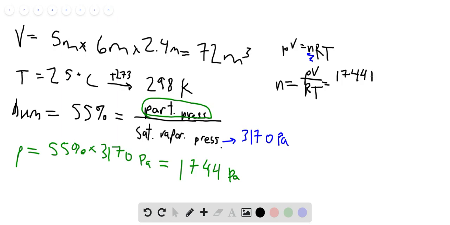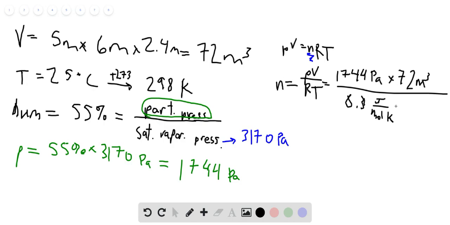This is the pressure of water in the air, times our total volume, 72 meters cubed, divided by R, times the temperature. That gives a total number of moles of 50.7.